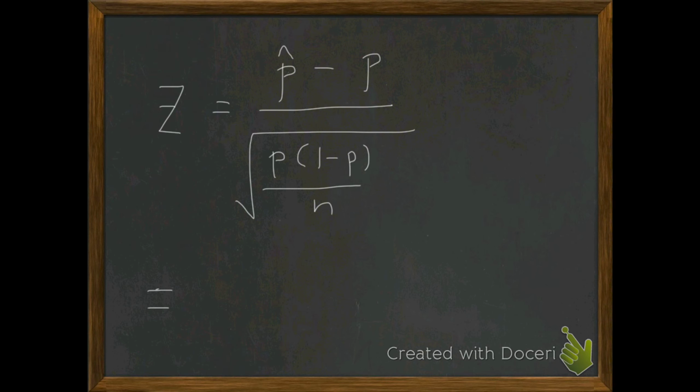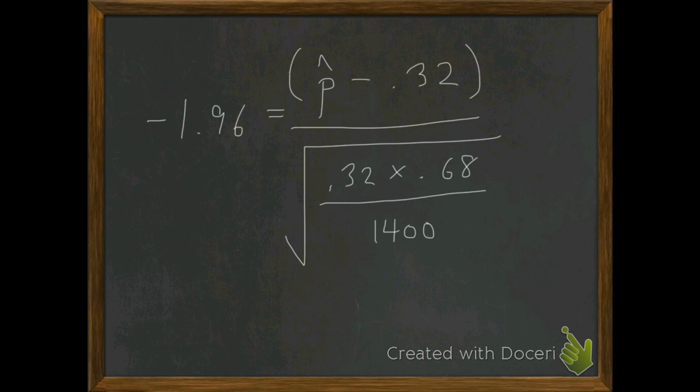We're going to have p hat. Whoa, I'm already there. So guys, first thing I'd want to do is multiply both sides by the square root of 0.32 times 0.68 over 1400.